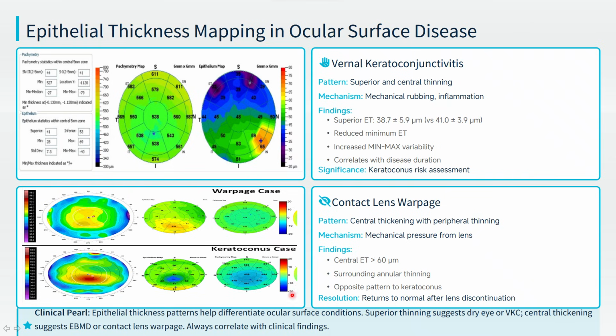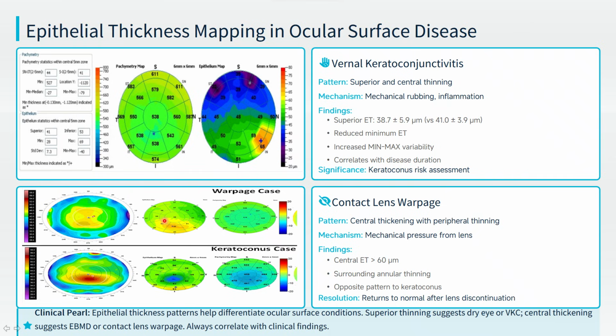However, in contact lens warpage, due to the mechanical rubbing of the contact lens over the apex of the cornea, this induces a reactive hypertrophy of the epithelium due to the mechanical pressure. So topographically the cornea appears steepened, but it is not steep. It is due to the hypertrophy of the epithelium. And when you do the epithelial map, you will find significant hypertrophy of the epithelium here.